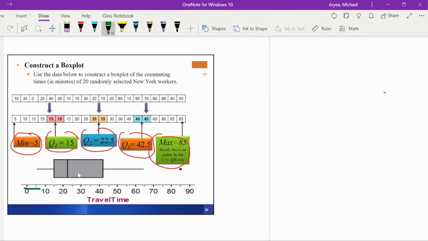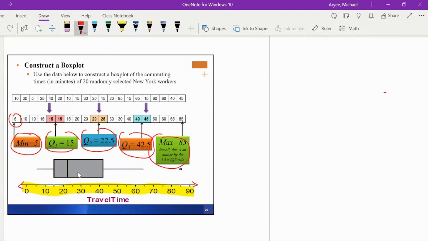So you start with the number line. Let's suppose that this is a number line that we came out with. You start with a number that is below your minimum, and a number that is above your maximum.